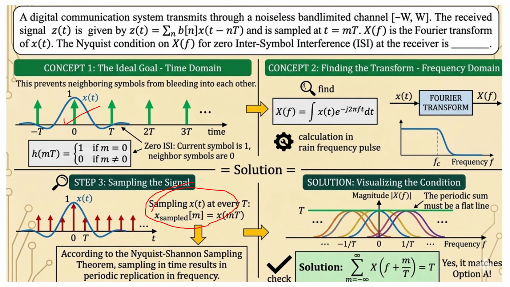Now you have to find the sampling frequency because you are converting from time to frequency domain. Once you convert, you need some filter in order to avoid the higher frequencies, so that we can detect the message properly. That is why the criterion is there, so that it will satisfy this condition.